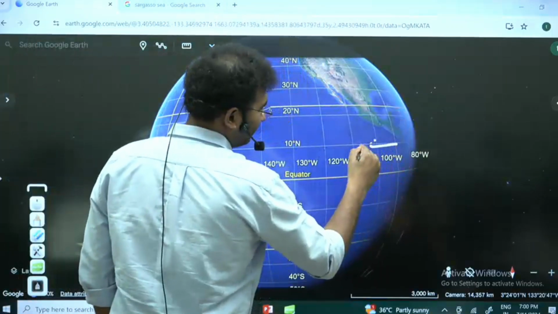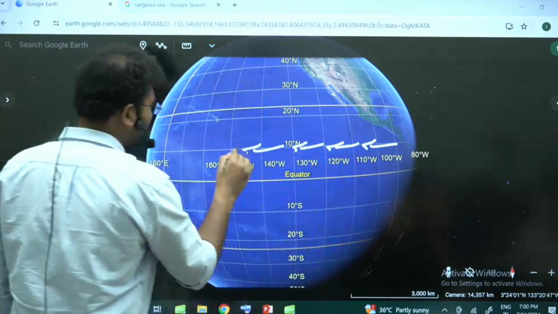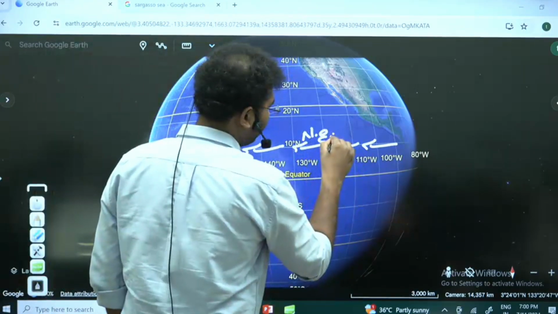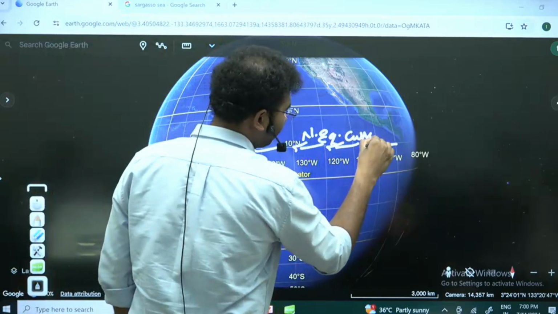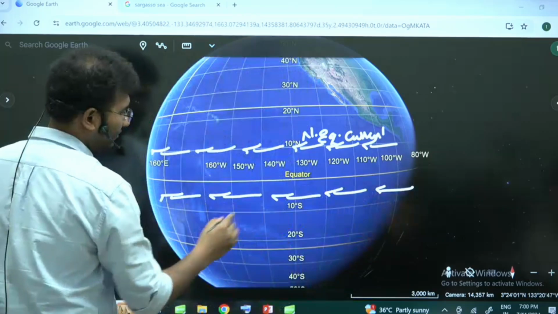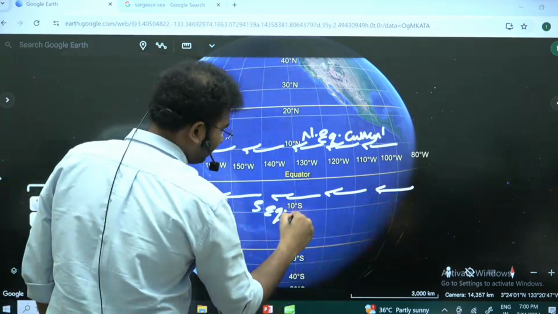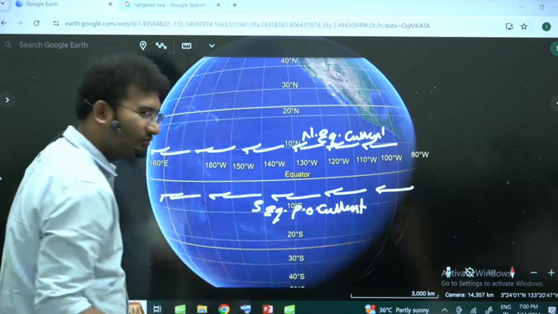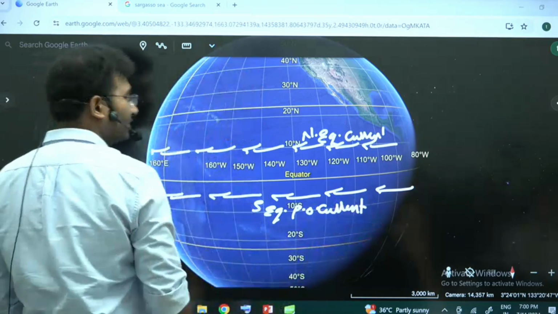Quickly, what is the name of this current? North equatorial current, which is in the Pacific Ocean. And this is the South equatorial Pacific Ocean current. Right? Why are they moving? As usual, easterly winds.